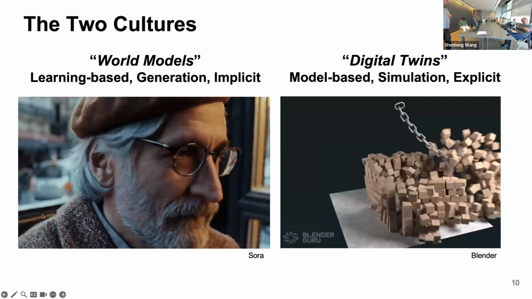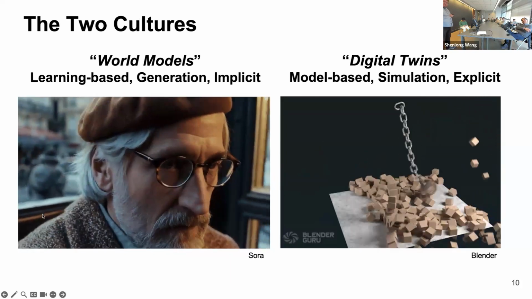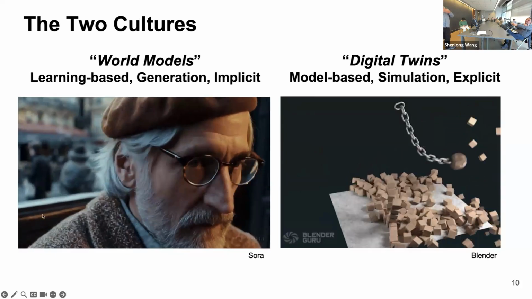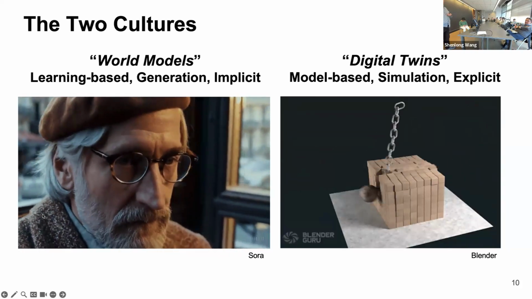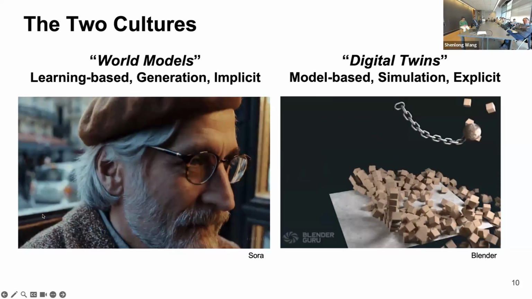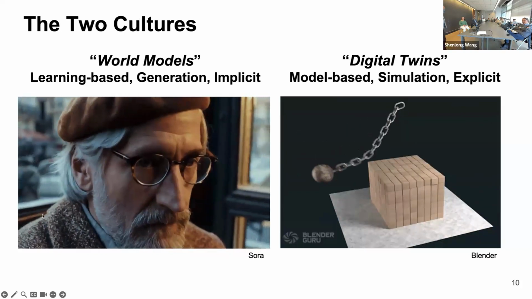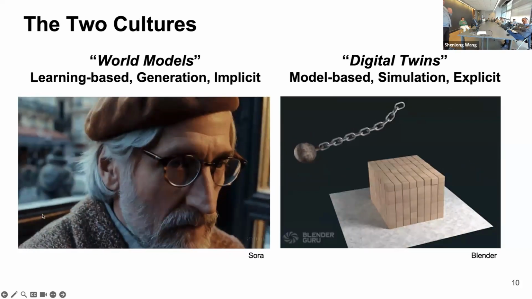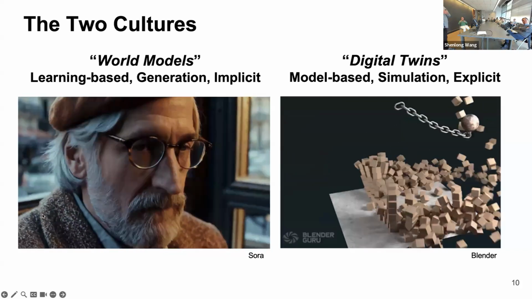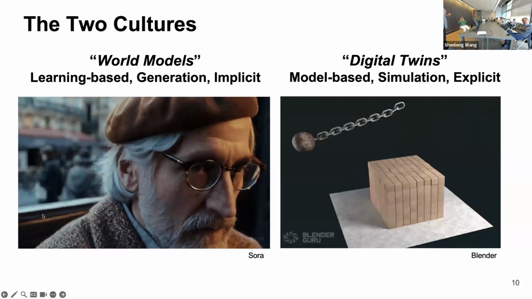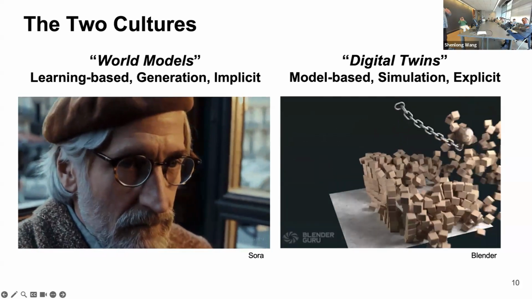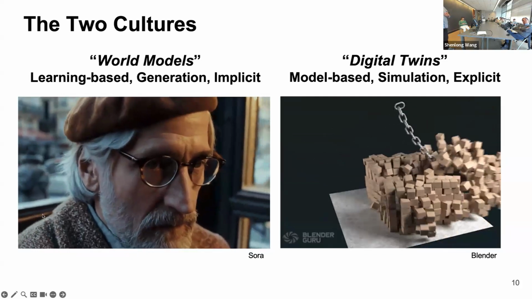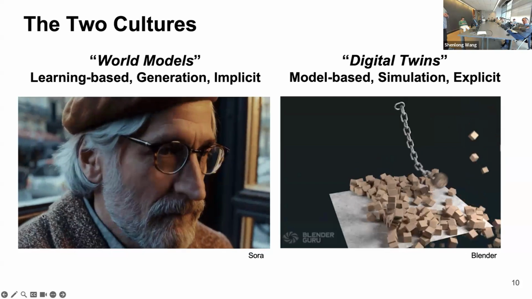On the other side, we have model-based world models. They also have an interesting buzzword now: digital twins, right? Essentially, we want to encode all our physical knowledge about the world into a formal language, like math equations and eventually code. Then we run simulations by having access to the full state of the world, take actions, run those simulations and generate another state.